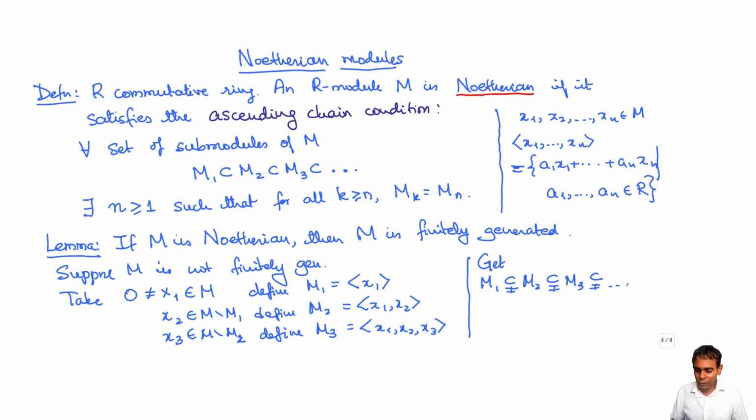This process will never stop because at each stage I cannot have that Mn is equal to M, because Mn will always be generated by n elements, so it would be a finitely generated R module. So we get this strictly increasing chain of R modules which never stabilizes. So this contradicts the Noetherian hypothesis.